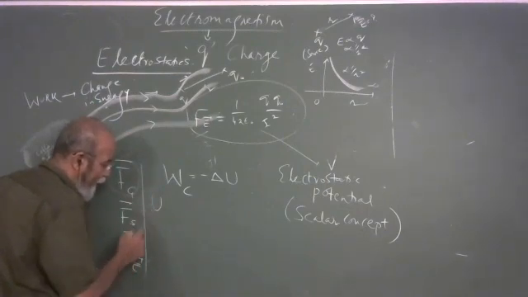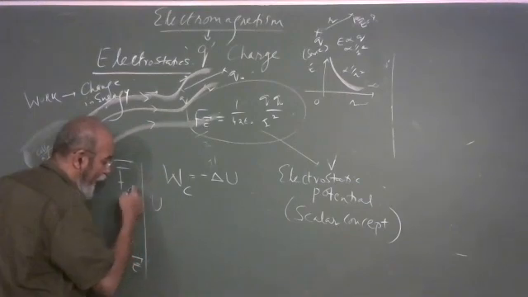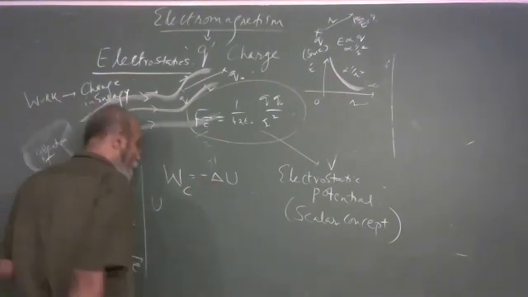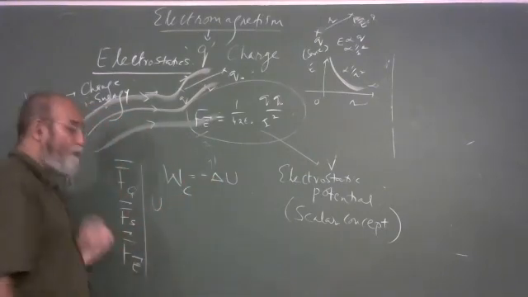Potential energy was given the alphabet U, and these forces were connected with that.